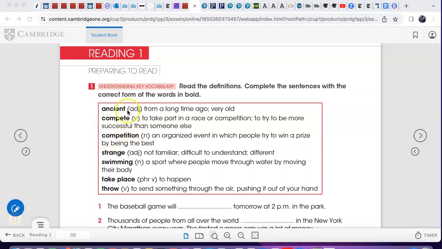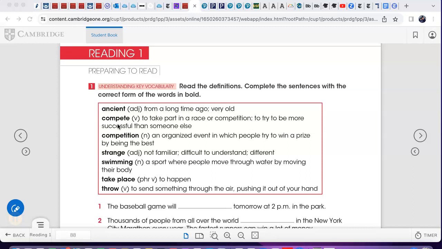Next word, the noun form of the verb compete is competition. Competition. Next word, strange. Strange. Just one syllable there.